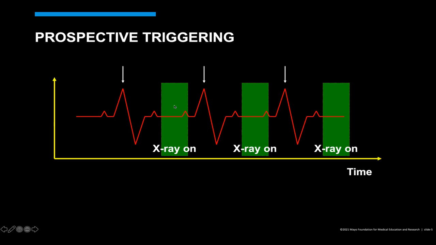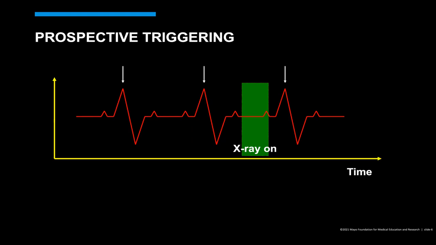The scanner will be on for a fraction of the R to R interval, and then the X-ray beam turns off, and you then move into the next position. Your scanner detects the next R wave, and it turns on again. Usually for a diastolic acquisition, it's on from about 50 to 60% is when it starts, and then it turns off at about 80 to 85.